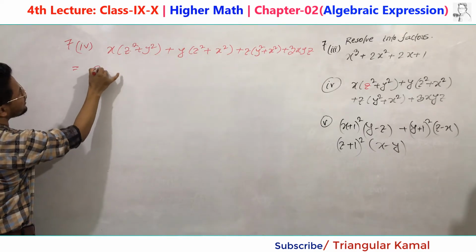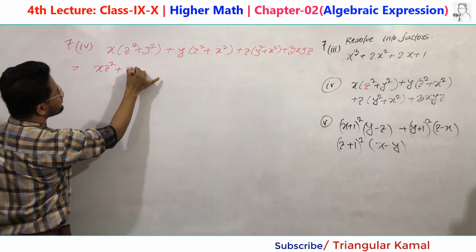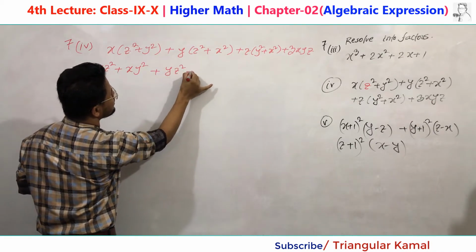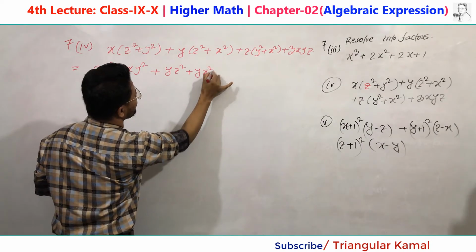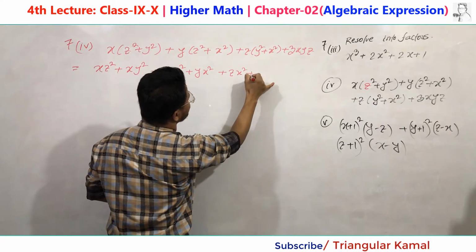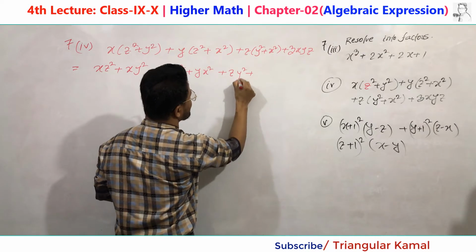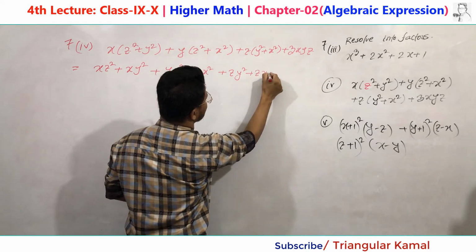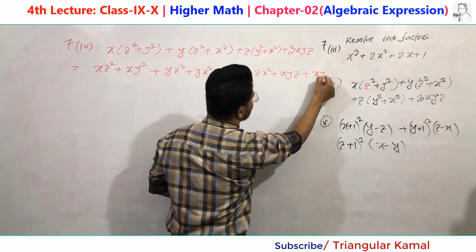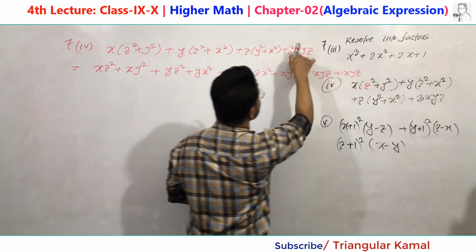First one, x z square plus x y square, then y z square plus y x square, then z x square plus z y square, and then x y z plus x y z plus x y z, separating this one.